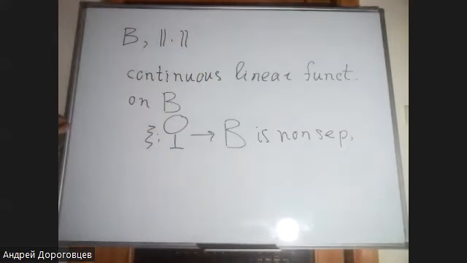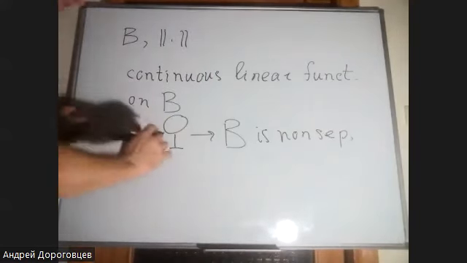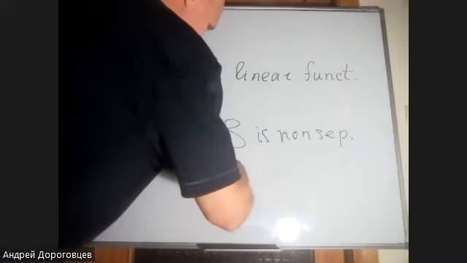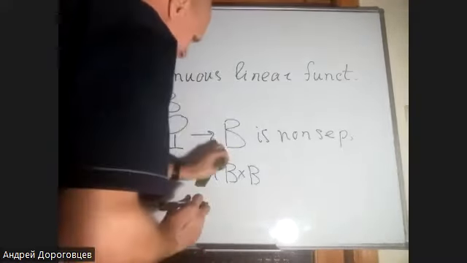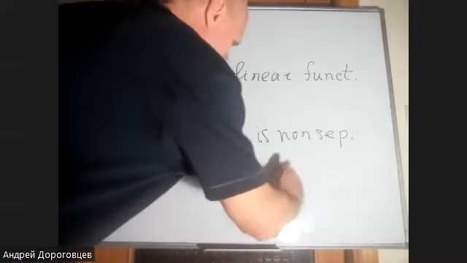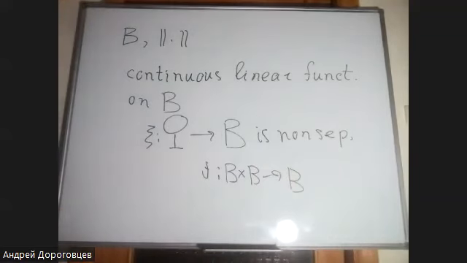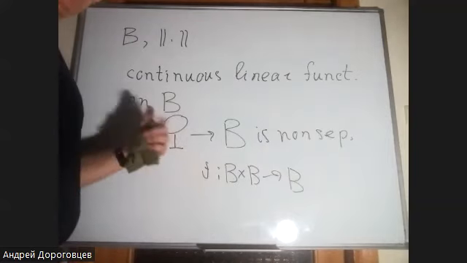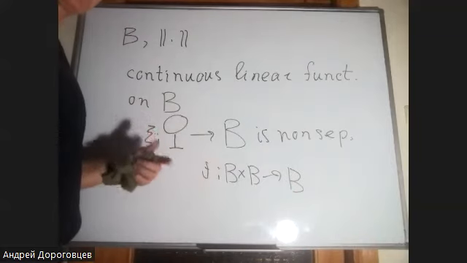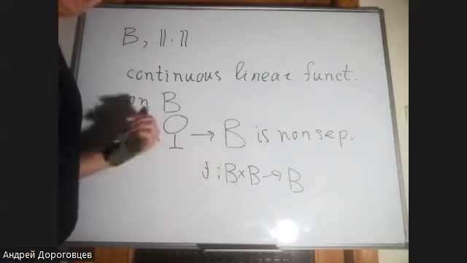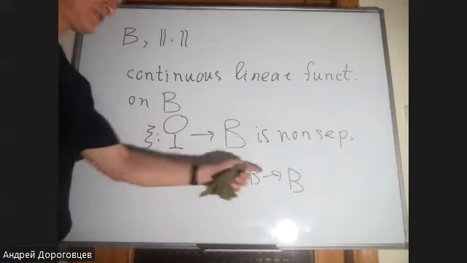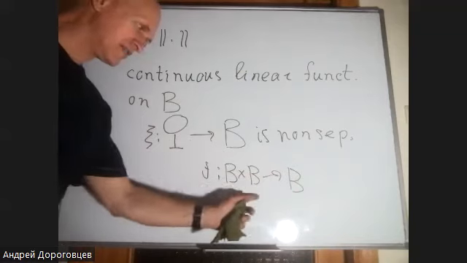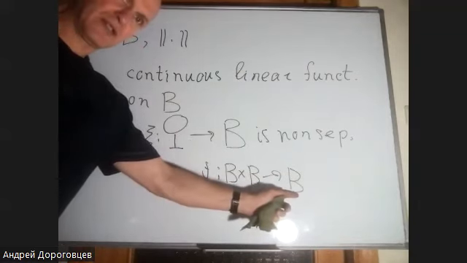Then one can think about different functions from B multiply B, excuse me, to B. And maybe you remember that when we discussed the case that, for example, the sum of random variables or random vectors became a random variable or random vector, we used that if we have a good function here, we will have again from two random elements a new random element.